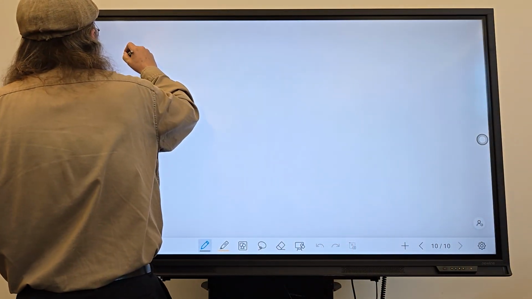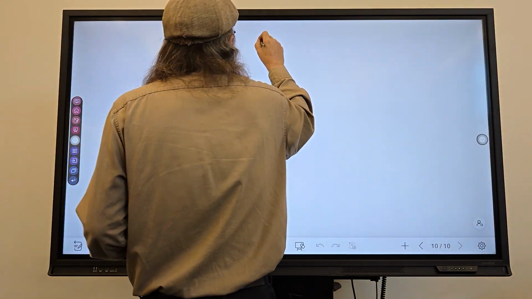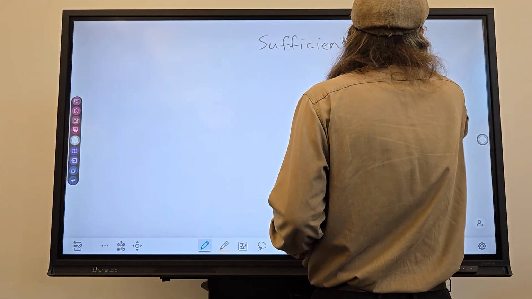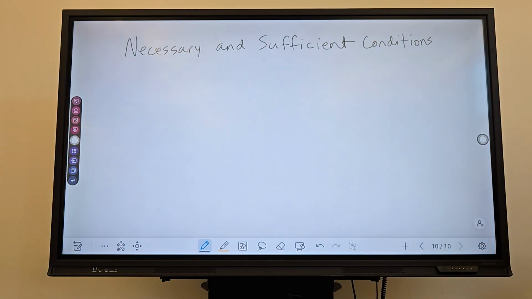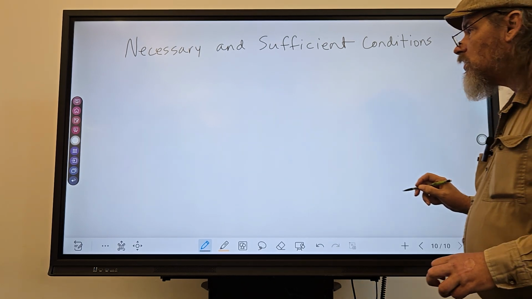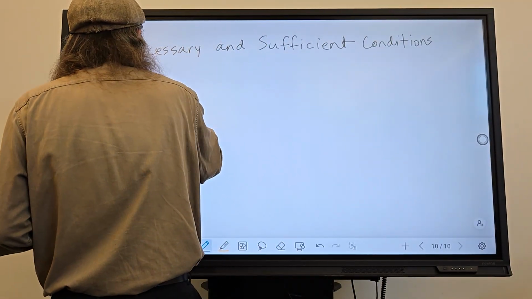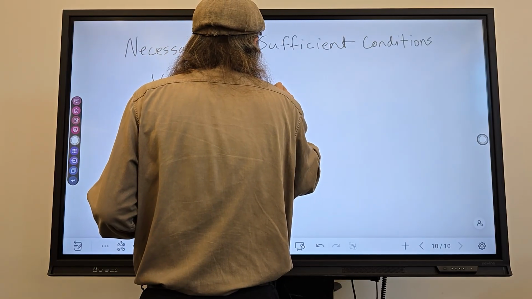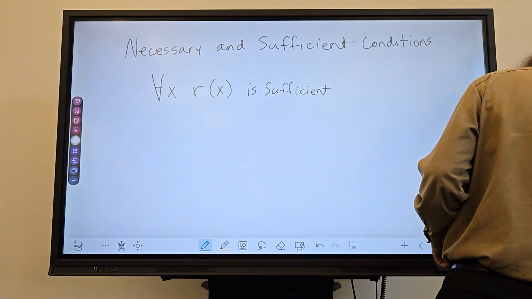Necessary and sufficient conditions. A sufficient condition: for all x, R of x is a sufficient condition for S of x.